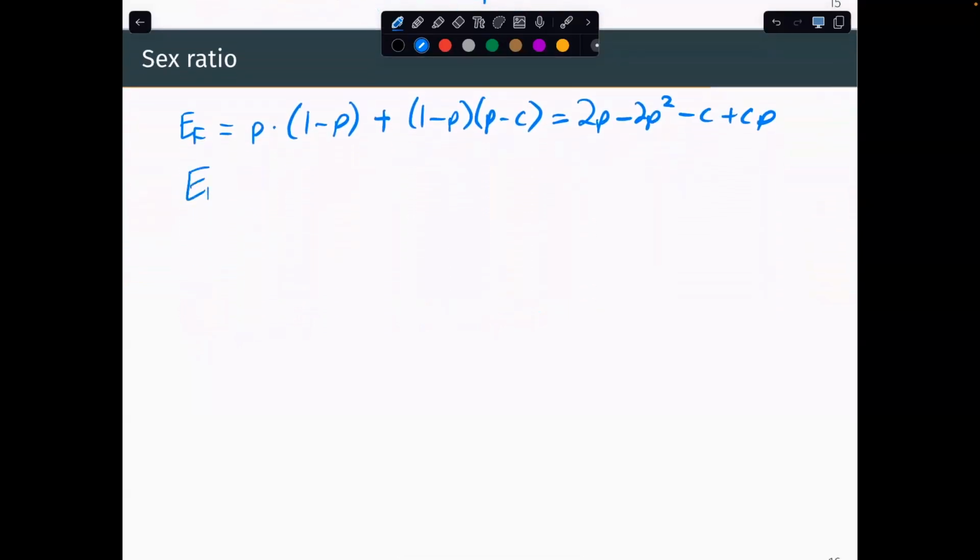And as before, if you remember, we looked at when EF is maximized. When is the payoff to females maximized? This is when dEF/dP is equal to 0.